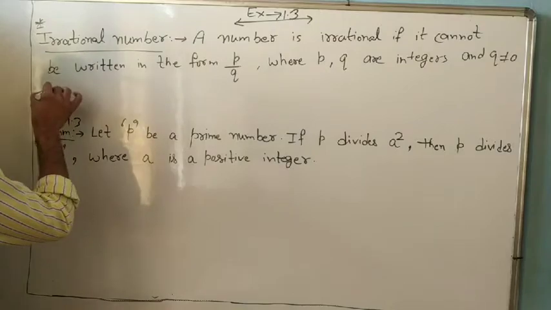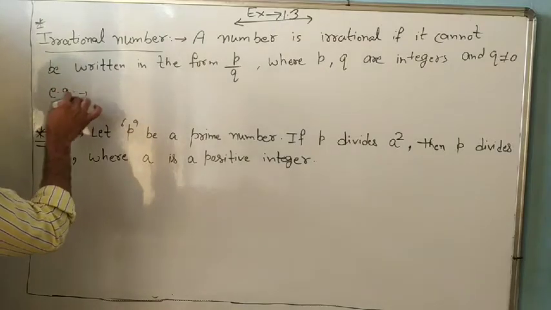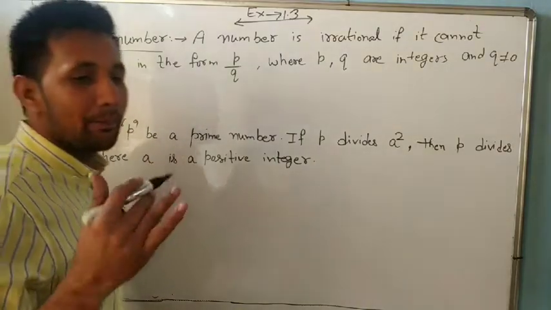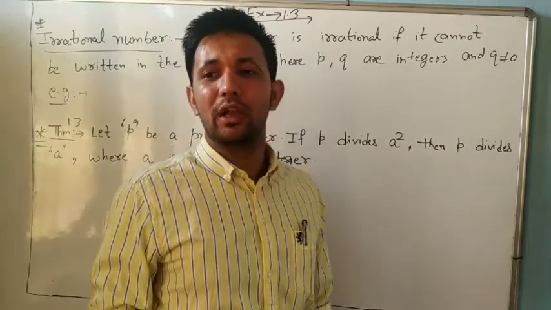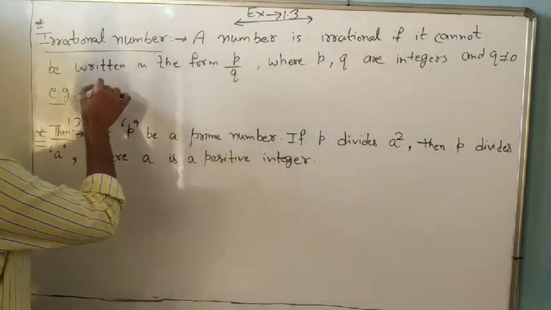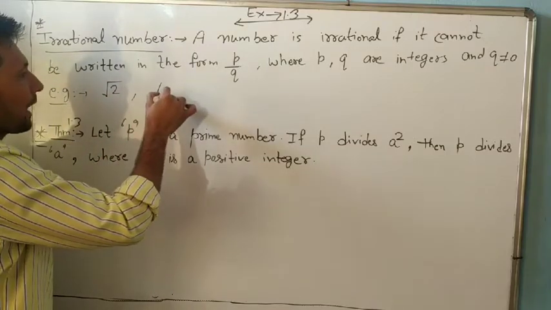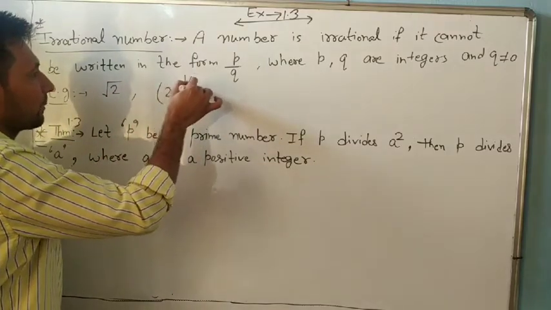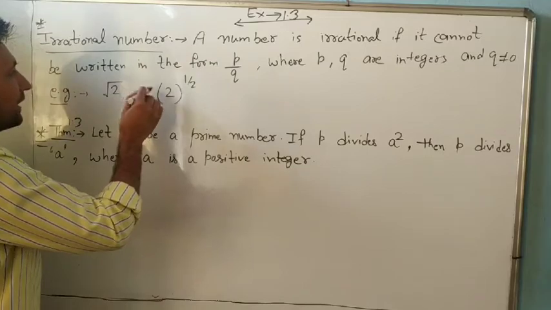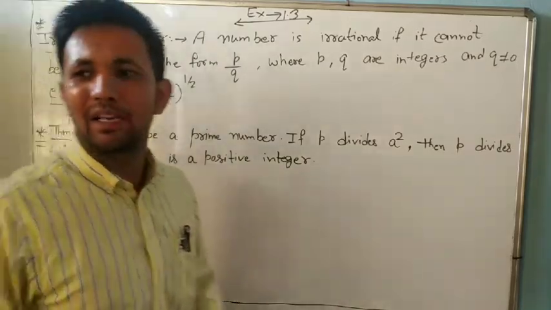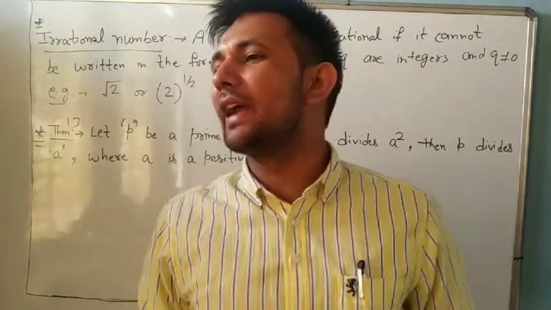And as an example, you can take any prime number under the root. Okay? Root 2. Root 2 means 2 to the power 1 by 2.